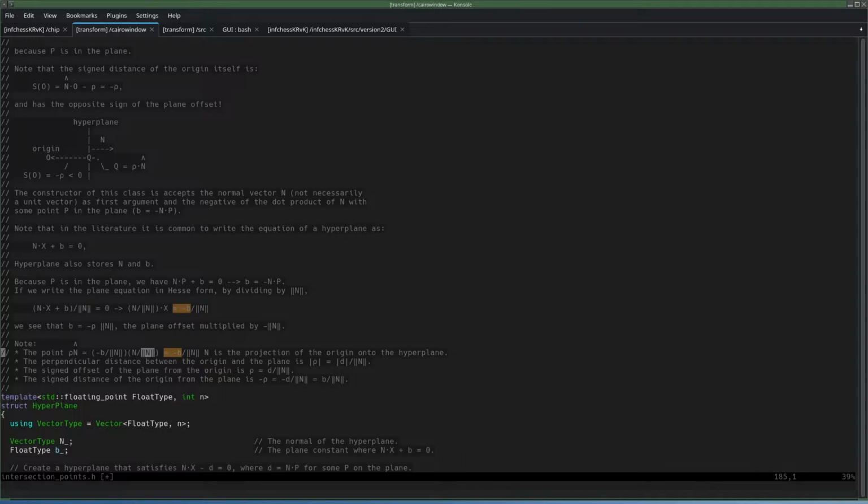So this is minus b divided by the norm squared of n. What I had was minus b divided by the norm squared of n. So yeah, that's correct. Let's do a redo, and then I'll just paste in what I just copied.